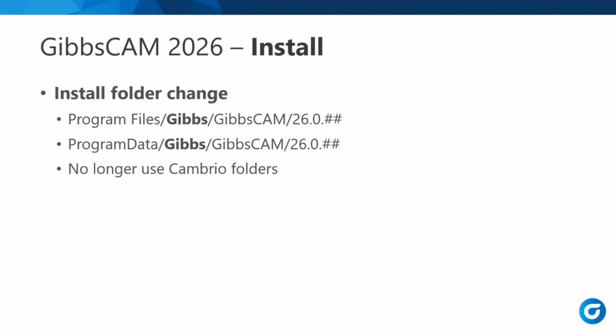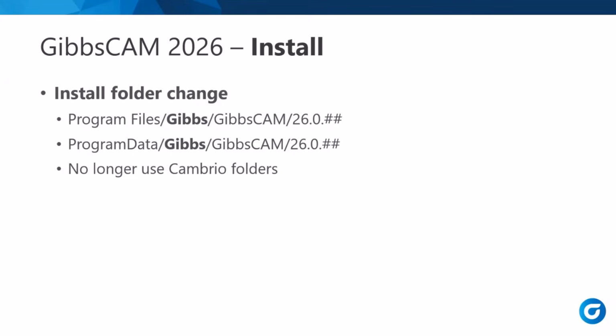One other note before we get into these features that's important to know, and probably should let your IT people know if you have an IT group that manages your GibbsCAM installs. Starting in GibbsCAM 2026, we're going to revert back to the good old days where the install folder was in a Program Files Gibbs folder, and the same thing with the data that's in the ProgramData Gibbs.